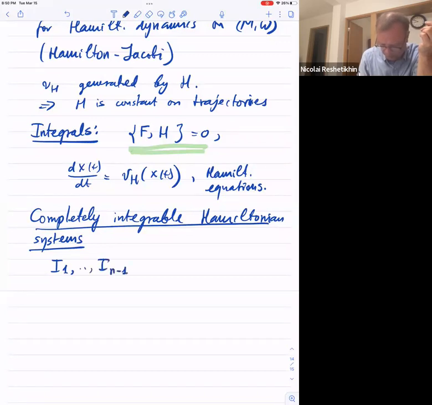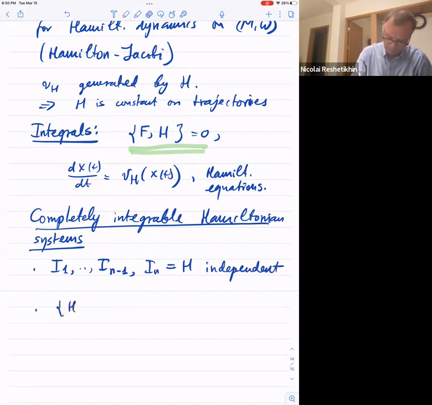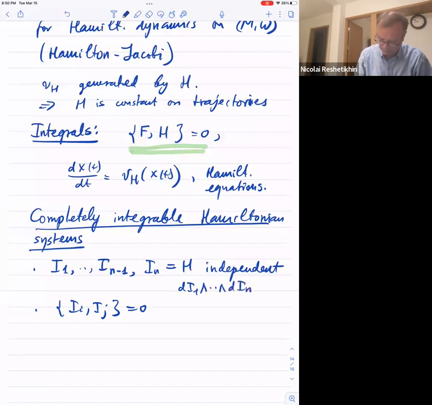I'm oversimplifying a little bit, but if you have n independent, Poisson commuting functions, independent simply means that if you take this n-form, it never vanishes.